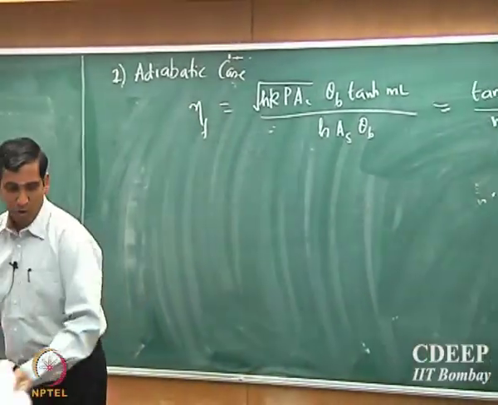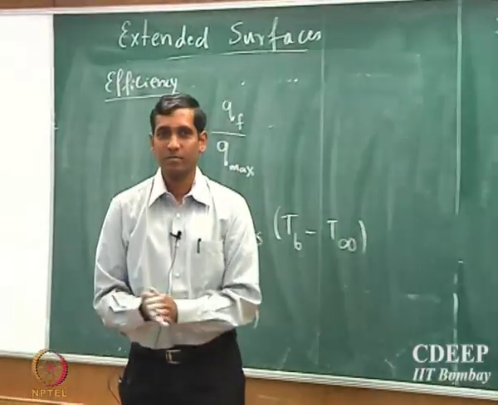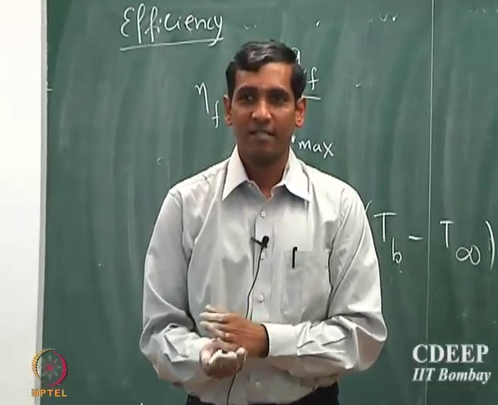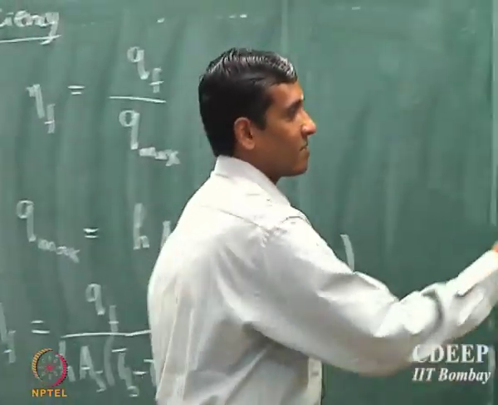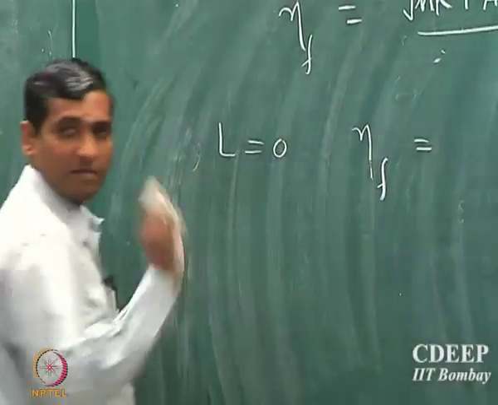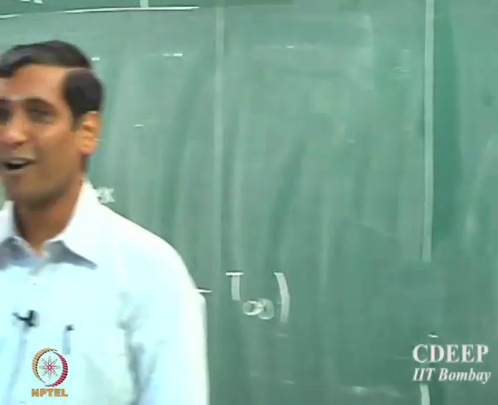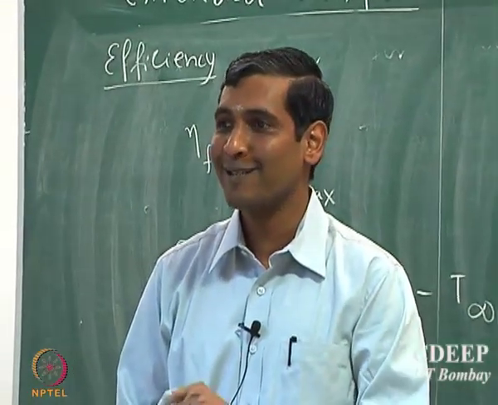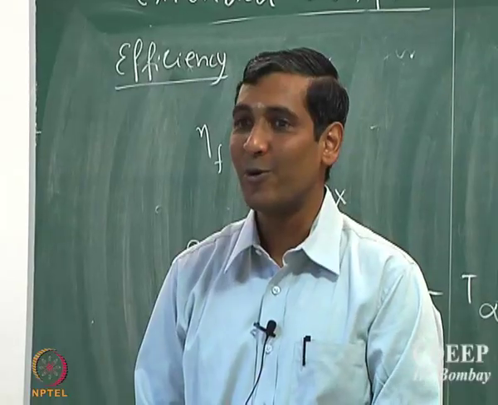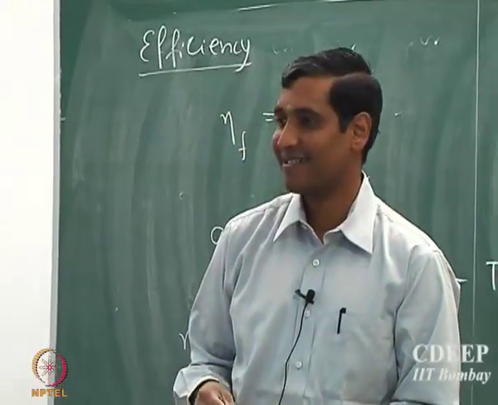Okay, what happens when L equals 0? What is tanh(mL) by mL when L equals 0?